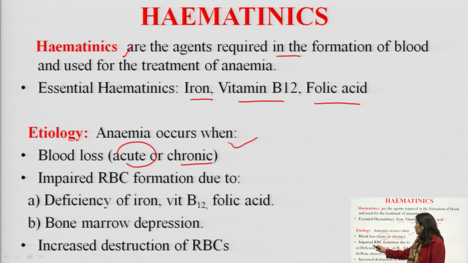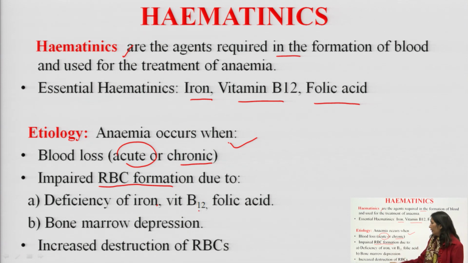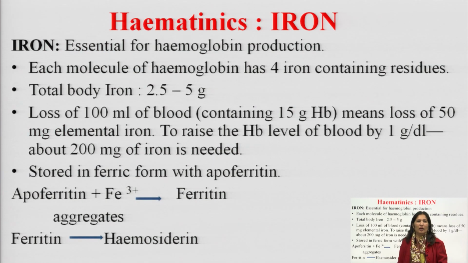Anemia can also occur because of impaired RBC formation due to the deficiency of iron, vitamin B12 and folic acid, or due to bone marrow depression. It can also occur because of increased destruction of RBC. Now, in hematinics, we will cover iron, B12 and folic acid mainly.